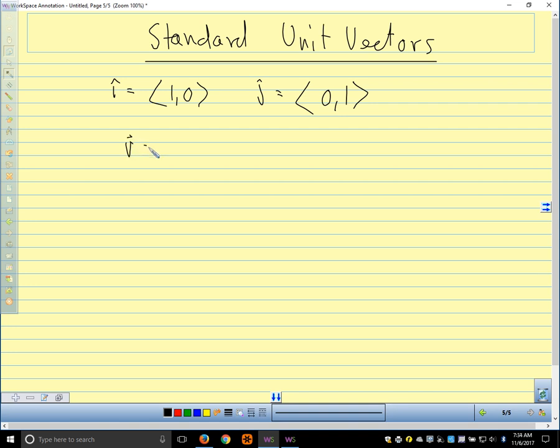Any vector v written in component form is v1 i hat plus v2 j hat. This is called a linear combination of the standard unit vectors.